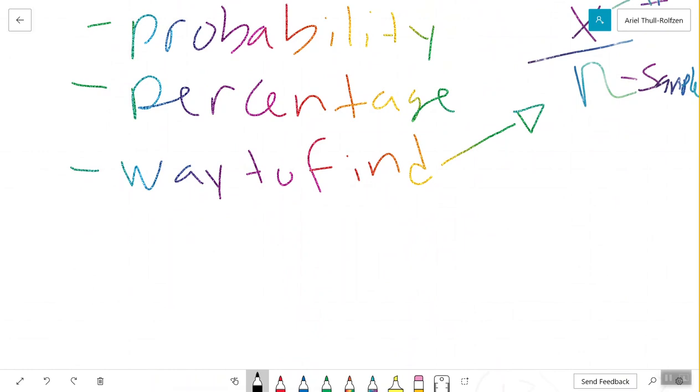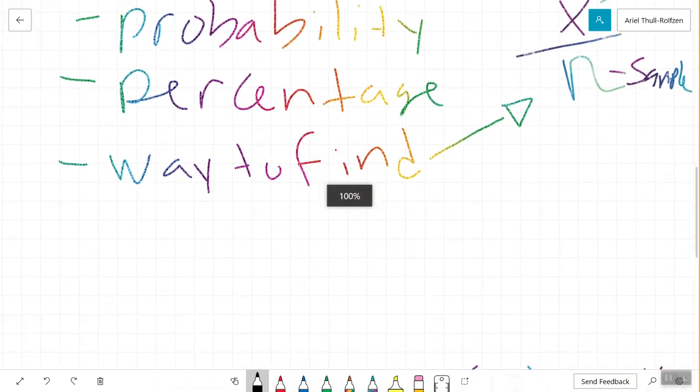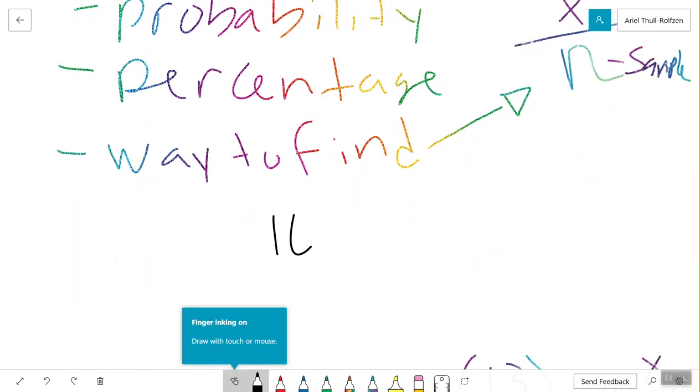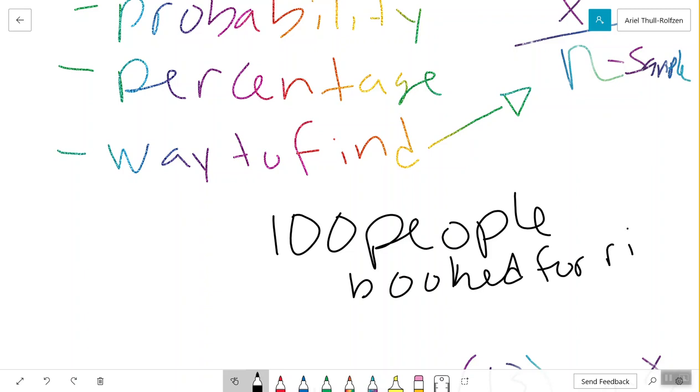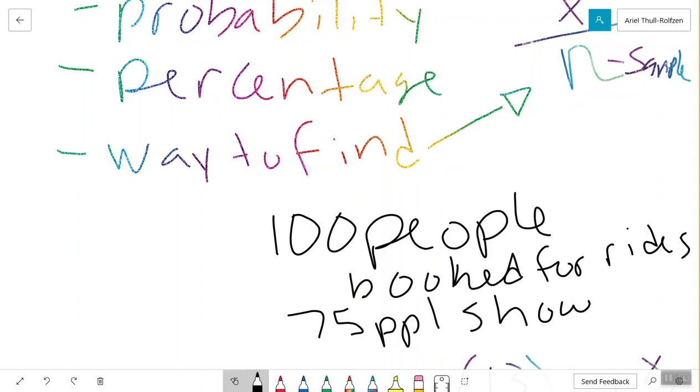So if I were to reword this problem and say that out of 100 people that they book for these rides, 75 people show up, I can take that and look up here and say, okay, I can find the probability with this information.